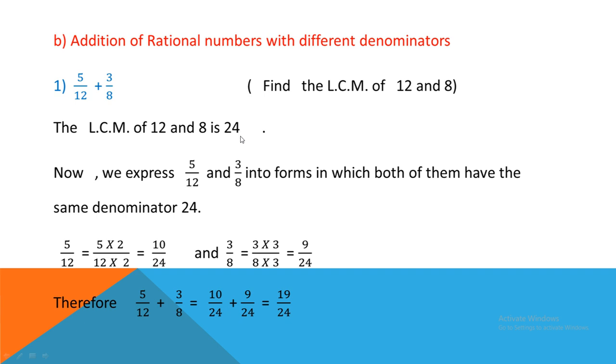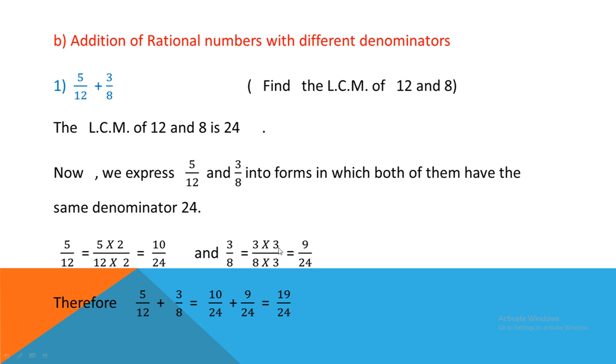LCM comes out 24. Now one by one we will express 5 by 12 and 3 by 8 in the form such that their denominator is 24. So for 5 by 12, we multiply numerator and denominator with 2, then we get 10 by 24. Same way in 3 by 8, we choose the number 3 to get denominator 24.